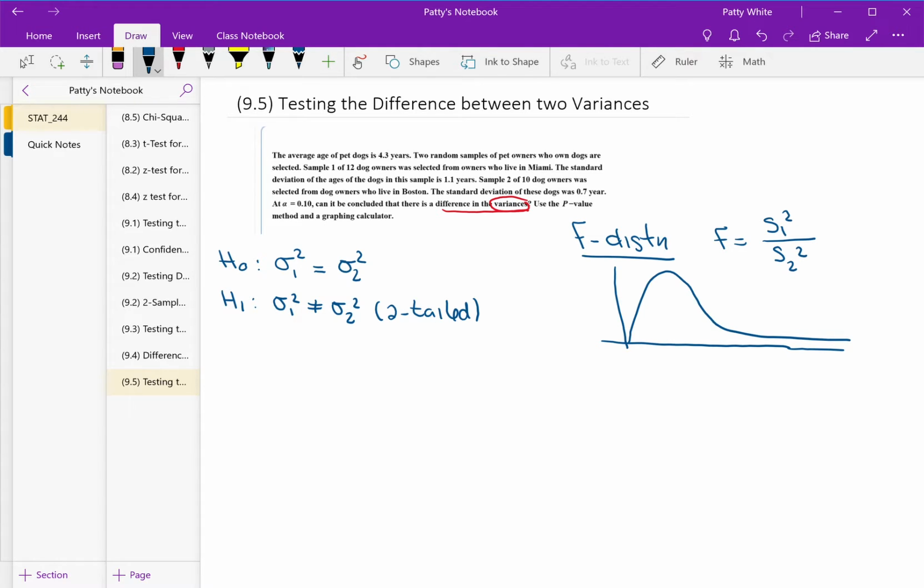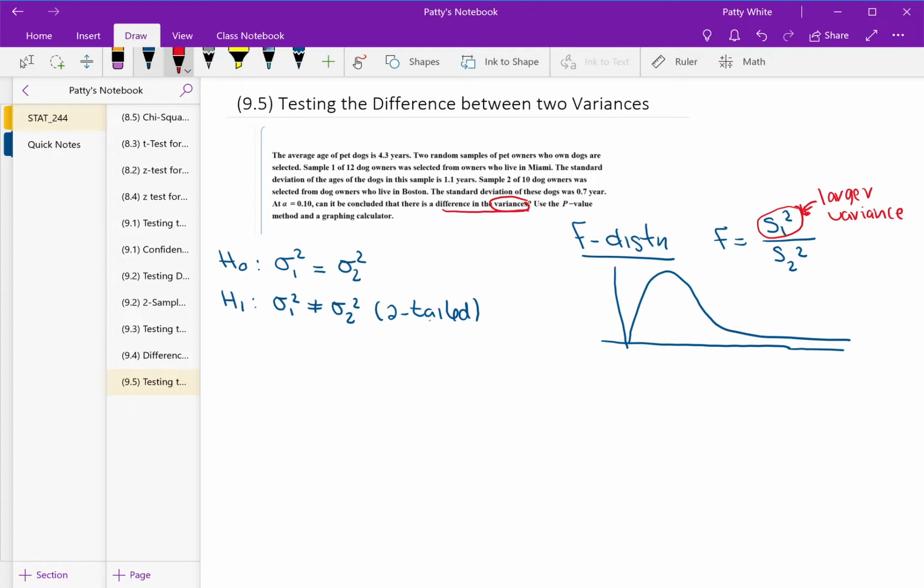Now by convention, to follow your book, and it makes our calculator happy, we're going to put the larger variance in the numerator. So even if it's not group 1, we're still going to put the larger variance in the numerator. Again, this is a skewed distribution, so it's not symmetric. We don't have those nice properties we had with the t distribution and the normal distribution.